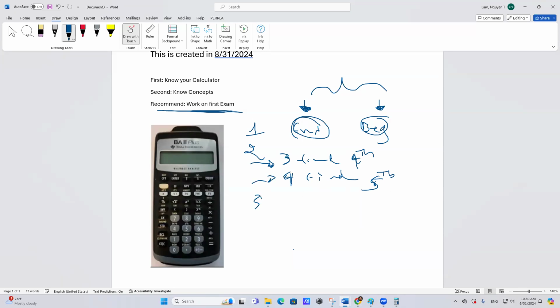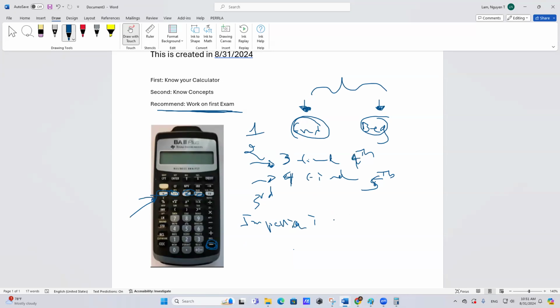Third thing to watch out for, and this one is very important, is to remember to clear your data once you solve a problem. Let's say you enter all these numbers in, and after you find your value, you want to make sure that these numbers are cleared. How do you do it?